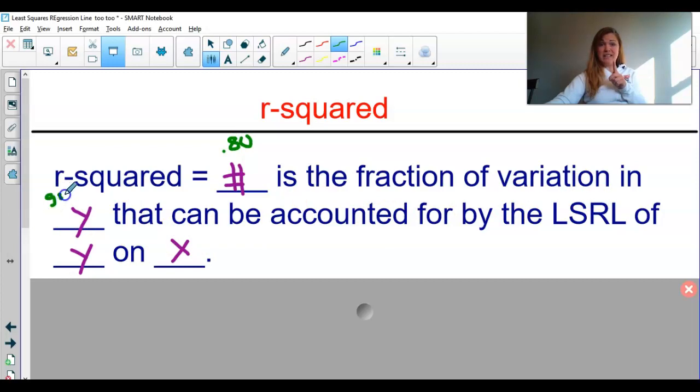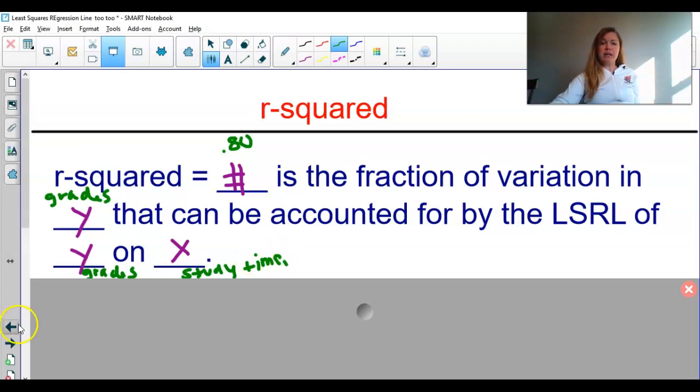In grades. That can be accounted for by the least squares regression line of grades on study time. Now, at the bare minimum, you just have to have this in your notebook. You have to have it memorized and be able to write it down again for the test, okay?